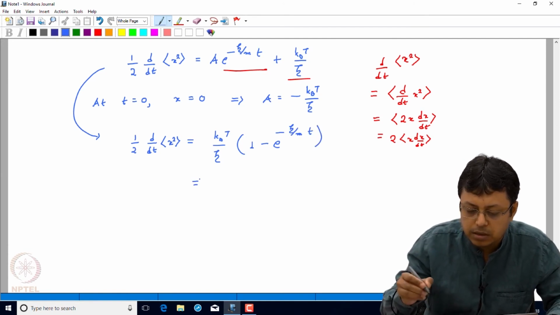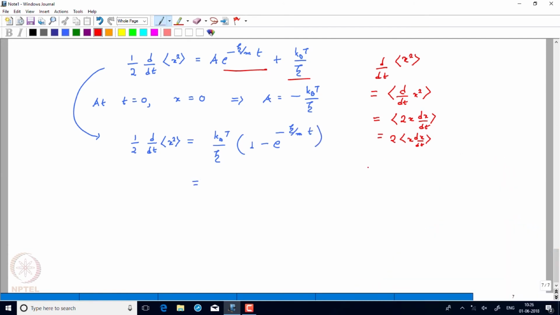Now the exponential term I can further approximate, like e to the power x is 1 plus x plus x squared by 2. If the mass of the particle is much heavier, then I can truncate this series after a few terms. So I am considering it up to the second order term, which is the x squared term. Let us write it. I have kBT by zeta times 1 minus e to the power minus zeta by m times t.